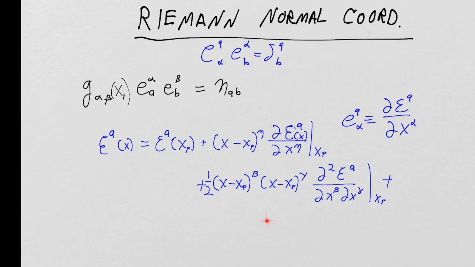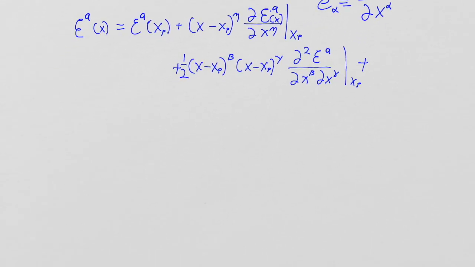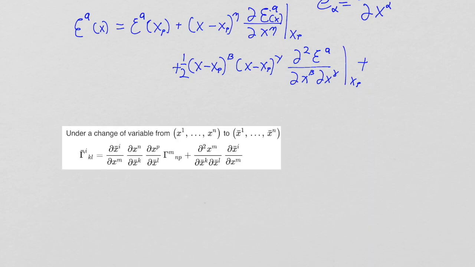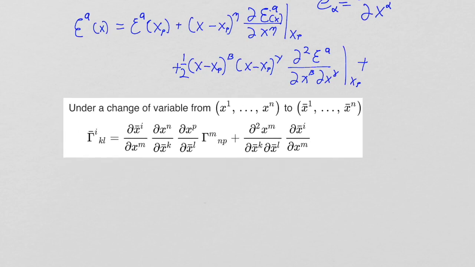now we have a look at the second order term. The second order term is of interest to us. And to tease it apart, we are going to introduce and remind ourselves about how the Christoffel symbols change under a transformation. So I clipped this out from a text that I like a lot, and we're going to have a look at this.